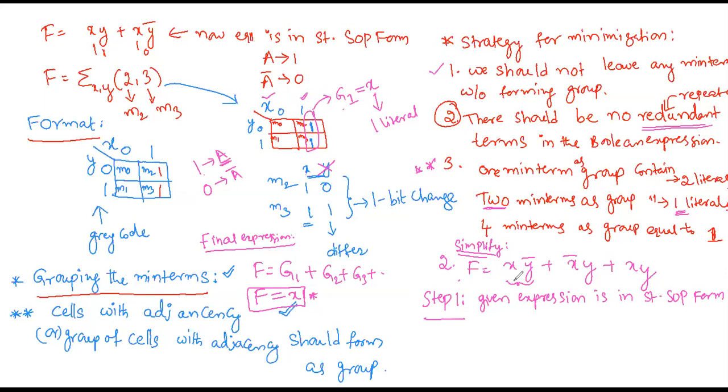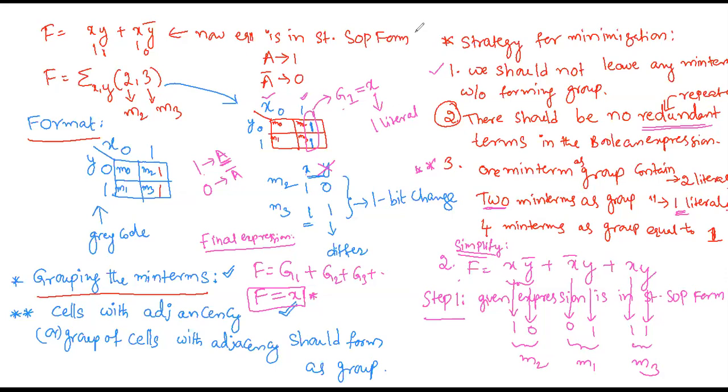To write the mathematical equation, a variable should be indicated with 1, and a complement should be indicated with 0. So 1 0, 0 1, 1 1. 1 0 indicates minterm 2, then minterm 1, minterm 3.